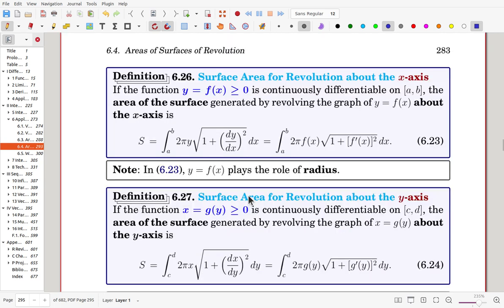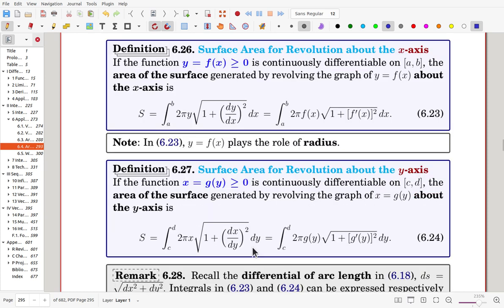Okay. Now, if we change the coordinates so that the rotation is about the y-axis, and the function is given as x equals g of y, then similarly we can get this formula. In this case, it is y-axis rotation, so x must be the radius.